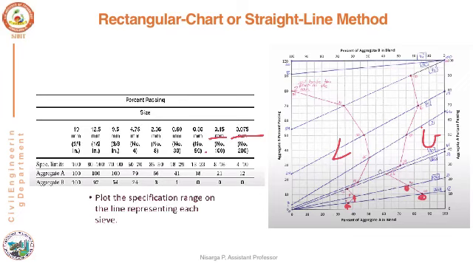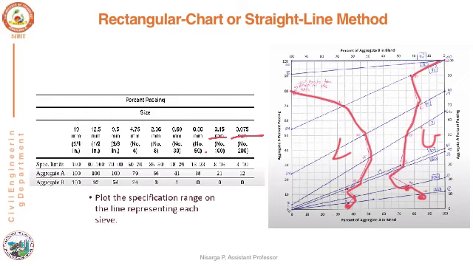So the next step is we need to join each and every point of the lower limit, and similarly join those on the upper limit side. And in the next step, we need to find the innermost point on the lower limit side and the innermost point on the upper limit side.